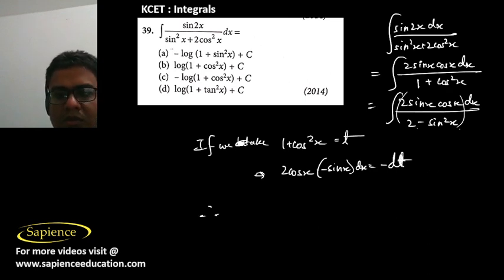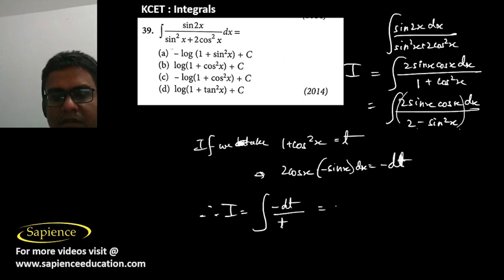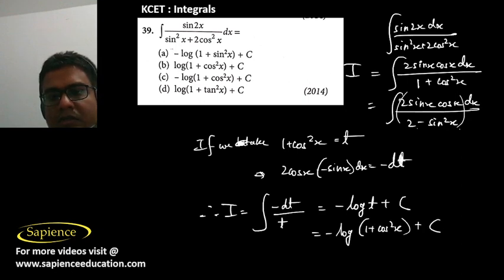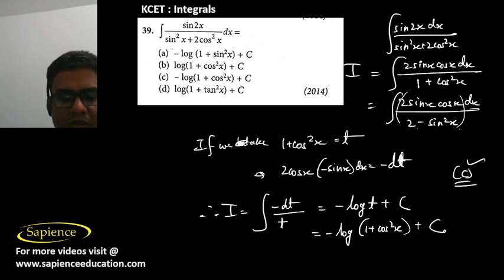So therefore this integral I can be written as integral of minus dt by t. This is minus log of t plus c. This is minus log of 1 plus cos square x plus c. So option C is the correct answer.